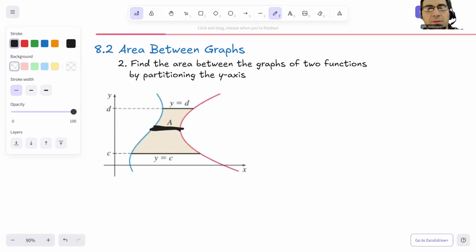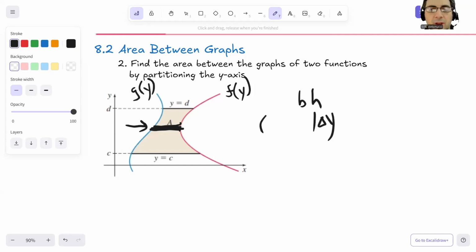Okay, so if this is f of y, a function of y, and this is g of y, then the area of that little rectangle is going to be base times height, where the height of the rectangle corresponds to delta y, and the base is from this x value to this x value.